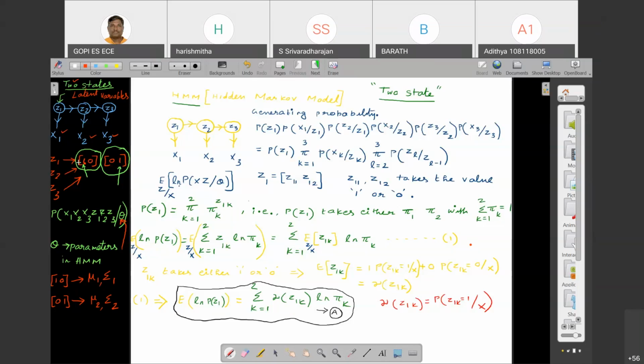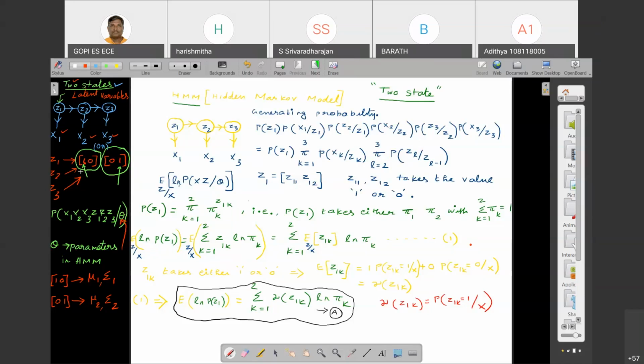If I chose 1 0 0, it would mean that we have 3 states. Now I am considering only 2 states. It means z1 can take the value 1 0 or 0 1, and similarly z2 can take the value 1 0 or 0 1.